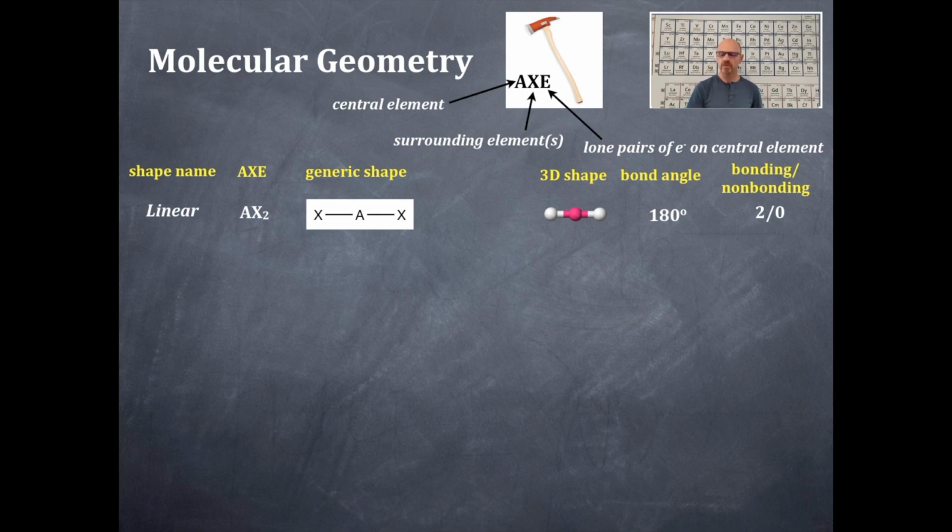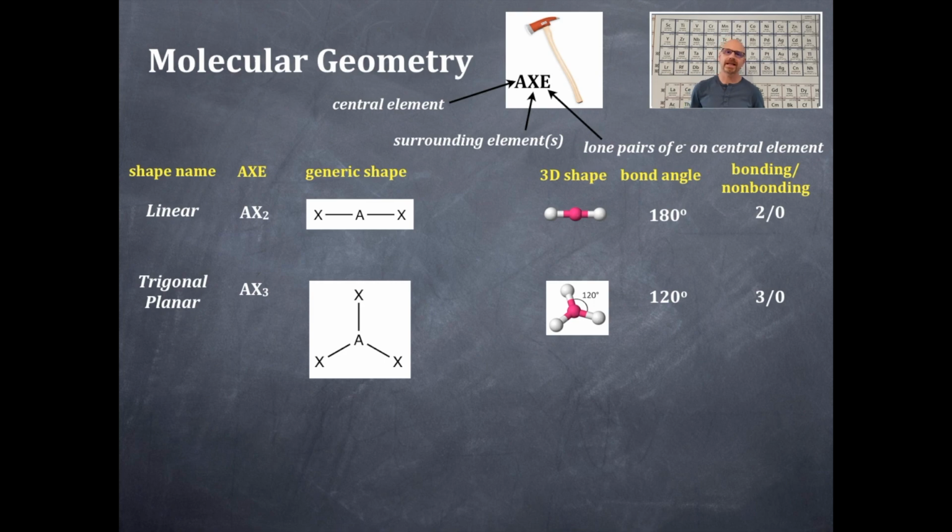Now, the next one is going to be a trigonal planar structure. There's one A, like always, and then there are three elements that are attached to the A. So that's why it's AX3. Okay, and here's what the trigonal planar structure looks like. Notice that all the elements are within one plane. Even the central element is in a plane.